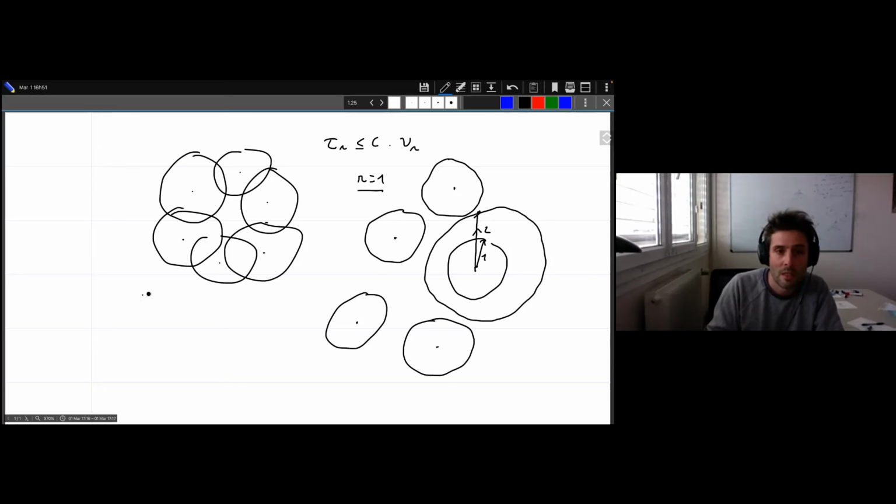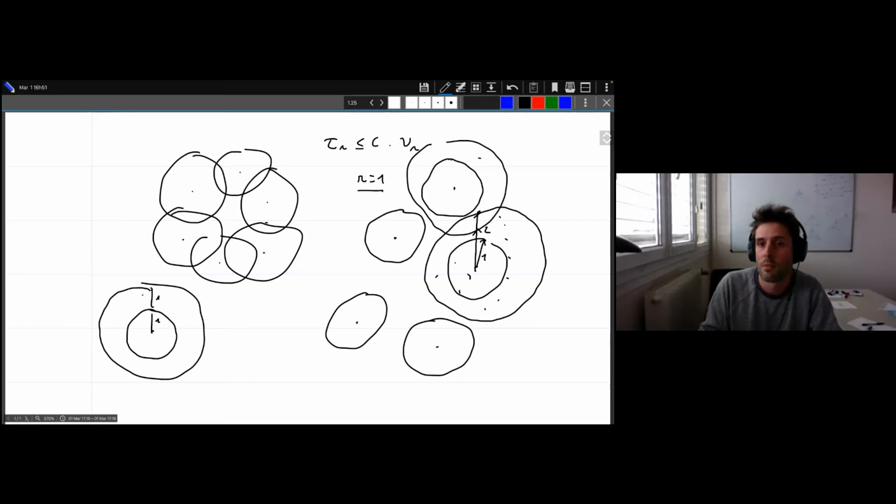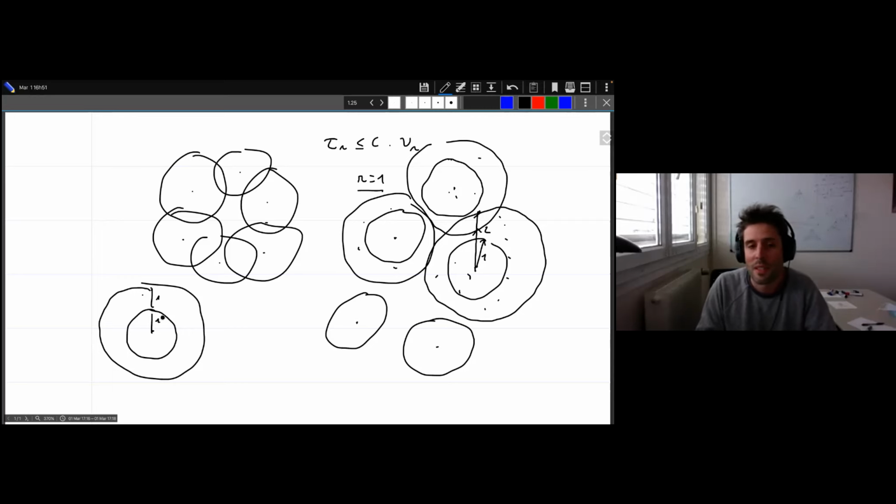Now I claim that if I look at such a ball of radius 2, what we discovered is that all the points are in such balls of radius 2 centered on these points. And the natural thing is that a ball of radius 2, you can partition it into a constant number of regions of diameter at most 1.